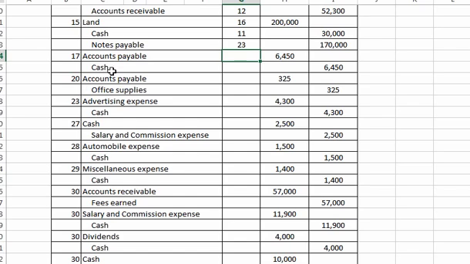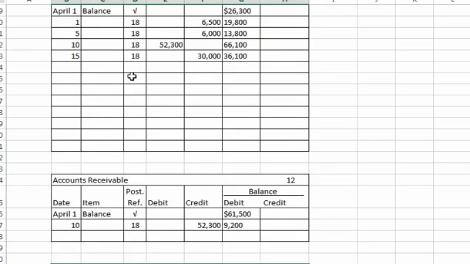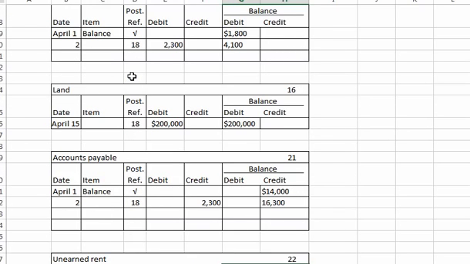Okay, then we have a debit to accounts payable on the 17th. So we'll put in 17 for the date. That's journal page 18. And on the 17th, again, we had a debit to accounts payable for $6,450. Okay, notice we had a credit balance and a debit entry.